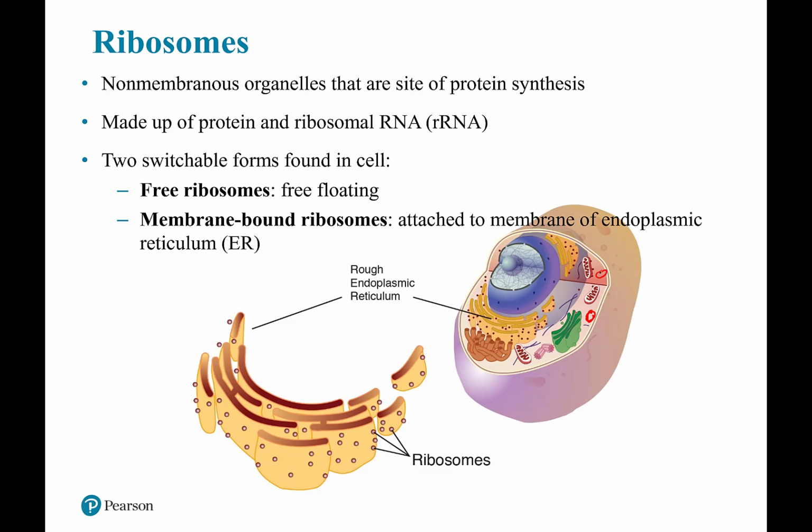In comparison, other ribosomes attach to these organelles called the endoplasmic reticulum. These are called membranous ribosomes, or rough ribosomes, or membrane-bound ribosomes. There are several names.